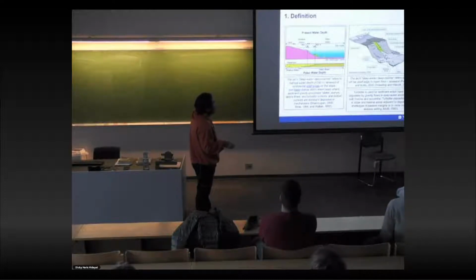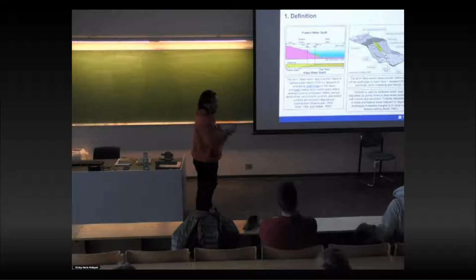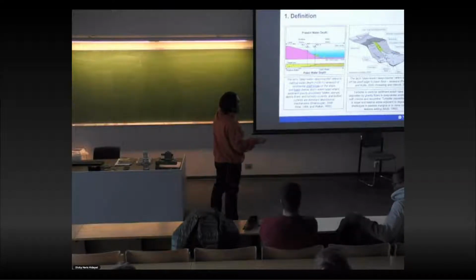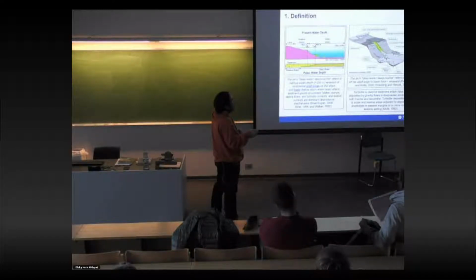Another terminology comes from Posamentier and Pickering. They define the deep marine or deep water by the physiography of the seafloor. So if this is a bell-type system, you have a shelf in this area, and this is the edge of the shelf.